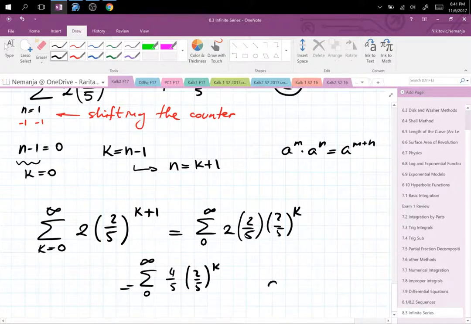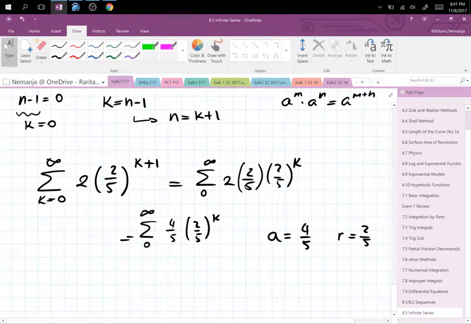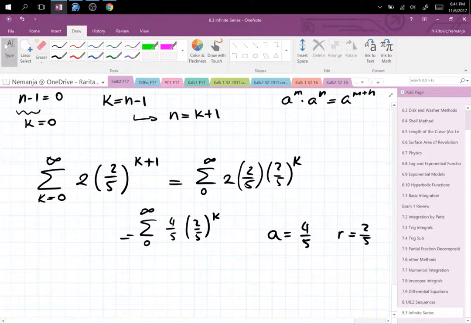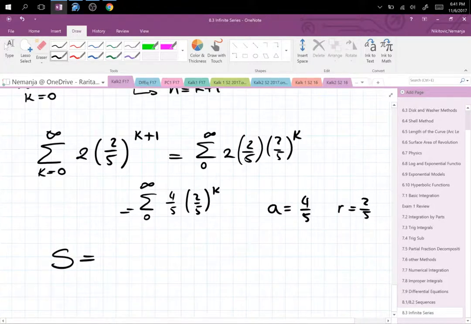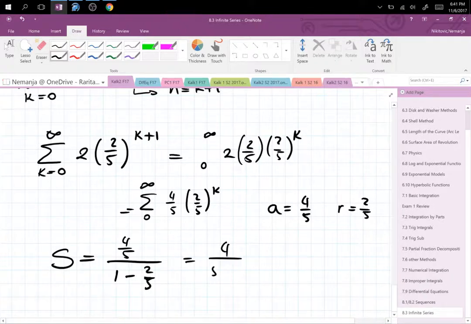So from here I see that A is 4/5, R stays unchanged, 2/5, so convergence doesn't change, only A changed. Now I can calculate the sum as 4/5 over 1 minus 2/5, multiply by 5 everywhere, it's 4 over 5 minus 2, which is 4/3.